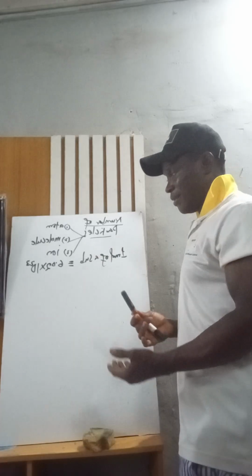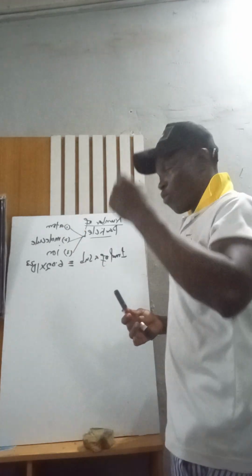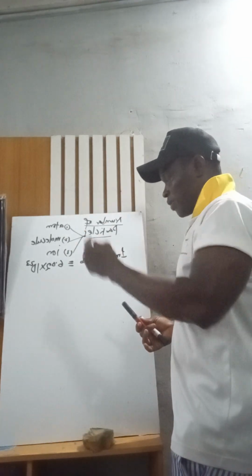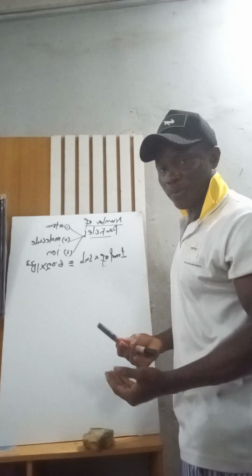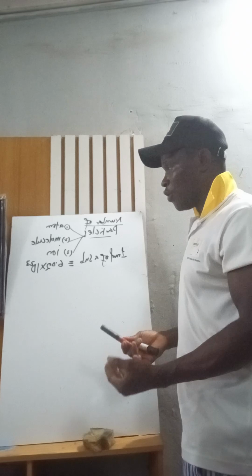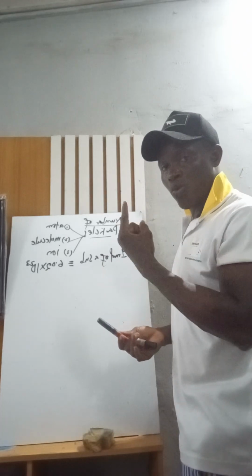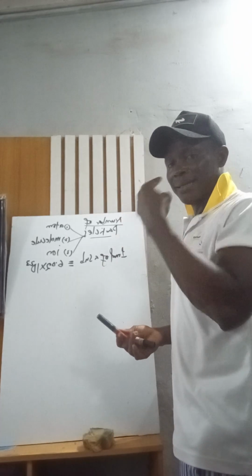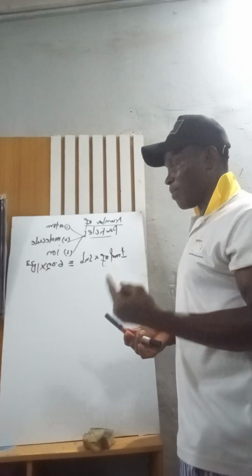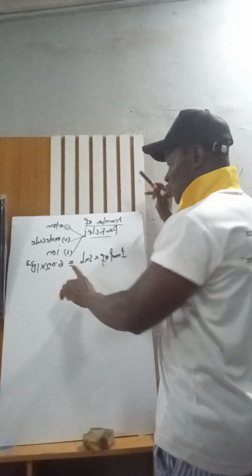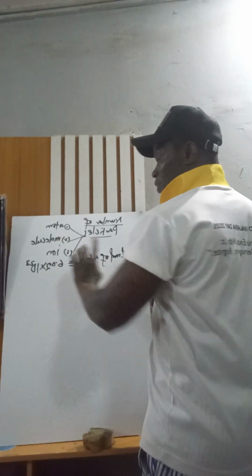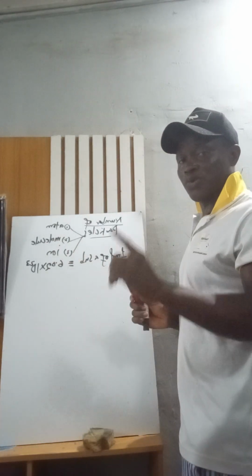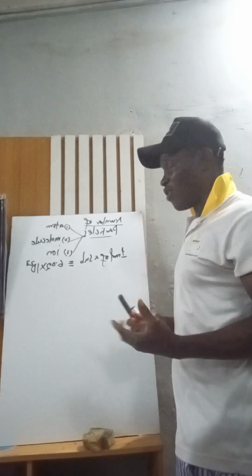Now, what does that mean? It means 1 mole of a substance. What substance? It could be a compound, a molecule, an atom, or an ion. Remember that mole is mass over molar mass. We're going to do that later. So this is a constant. This 6.02 times 10 to the power 23 is Avogadro's constant.